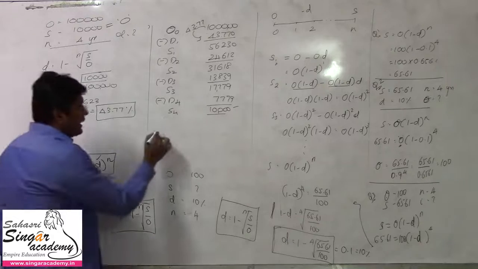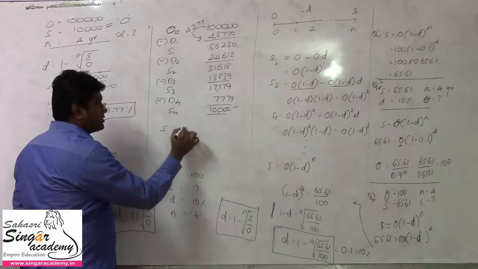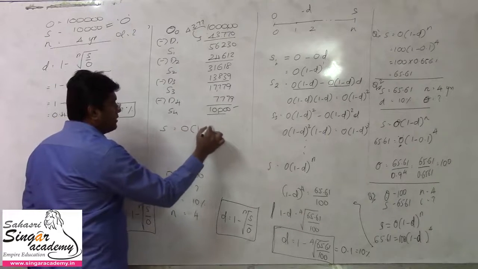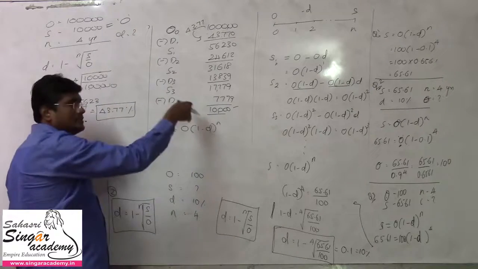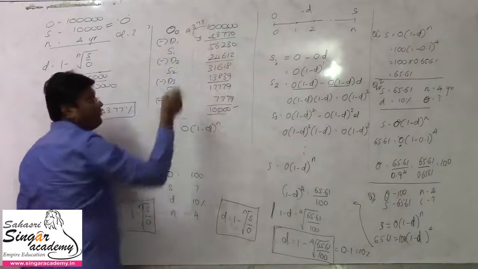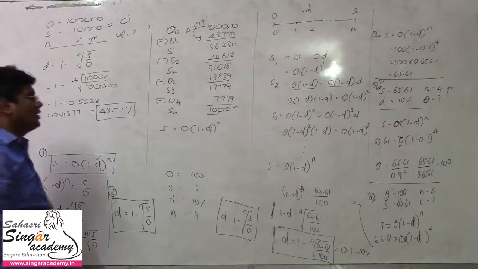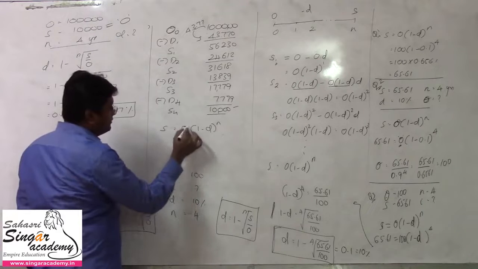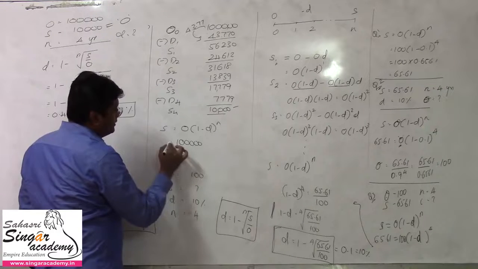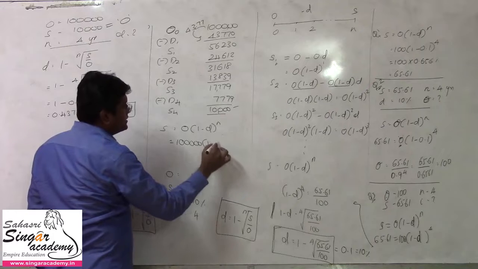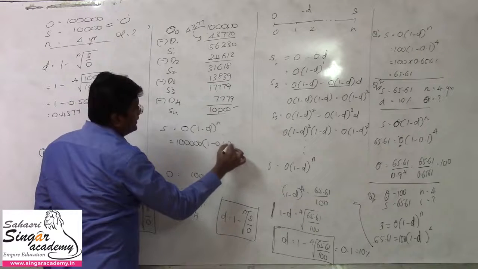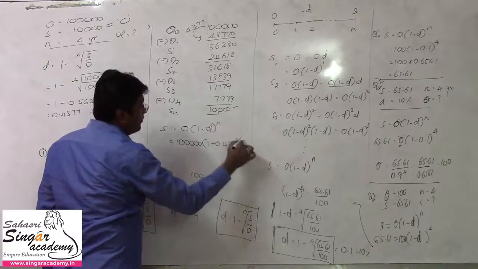At the same time, scrap for any year can be calculated directly this way, O into 1 minus D to the power n. Using that, you can quickly find the value of an asset at the end of the fourth year in that model. Original value being 1 lakh into 1 minus 0.4377, n being 4 years.